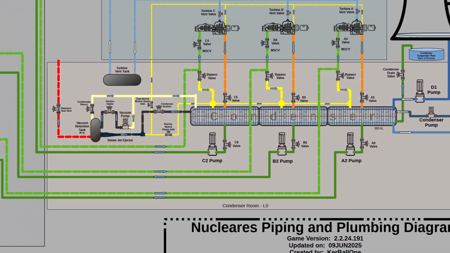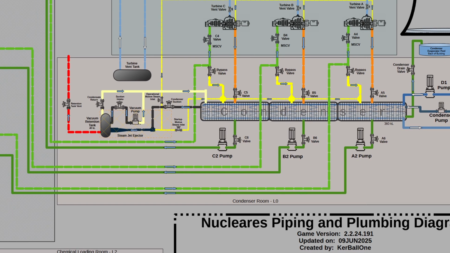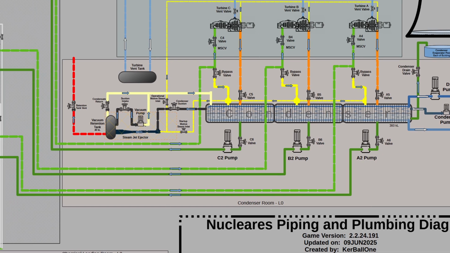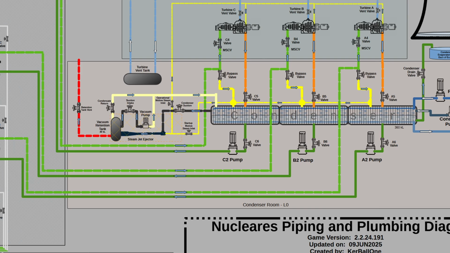So back in the condenser room, we have a A2, B2 and C2 pump. All of the steam comes out of the condenser through the valves of A6, B6 and C6 if you've got all three loops.